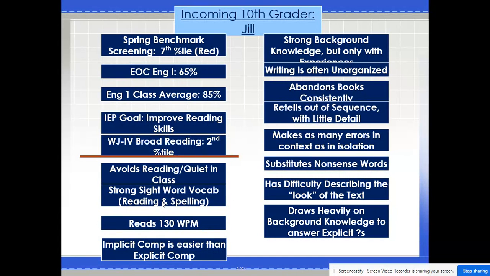What she seems to do is her implicit comprehension is easier because she draws heavily on her own background knowledge. So she's almost at the inferencing level when she reads, but you can miss the whole point of a text if you are really not looking deeply into the text, which you do for explicit comprehension.